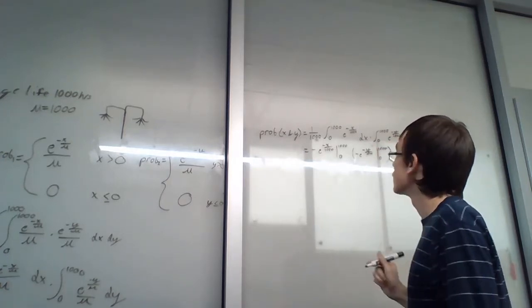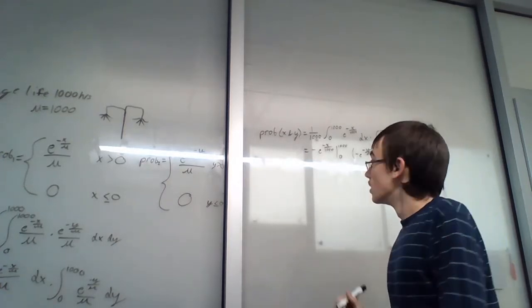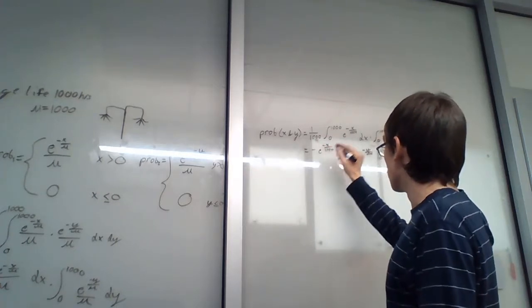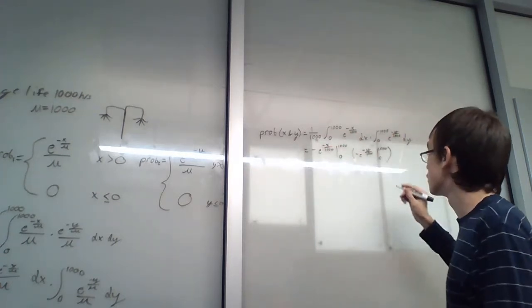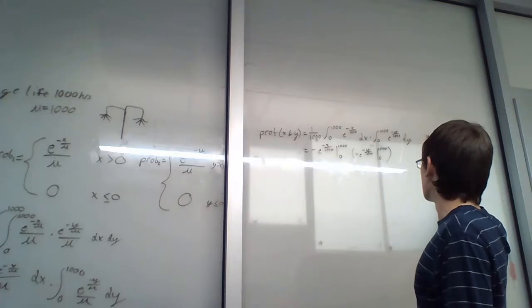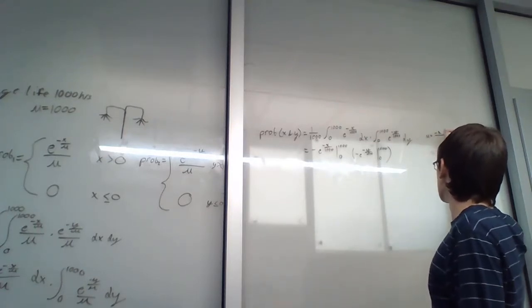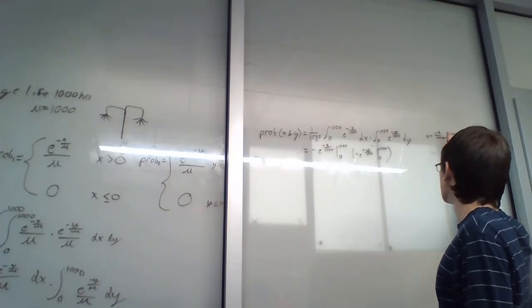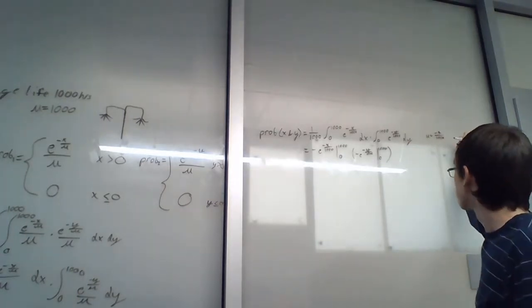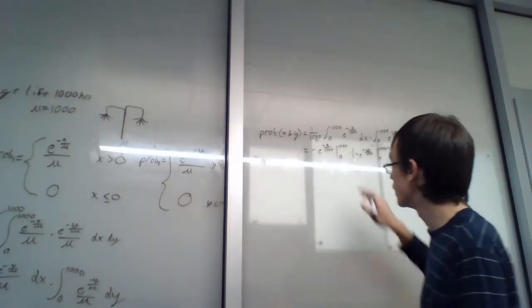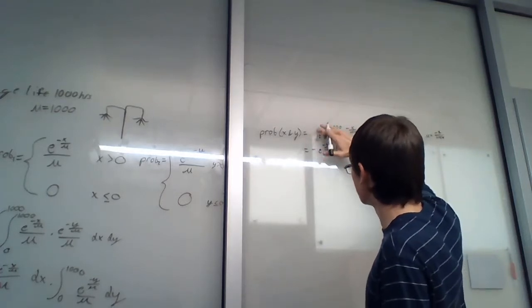This 1,000 goes away because of the u substitution that we do here, where u is equal to negative x over 1,000. And I guess it would be easier to see if we left each of them in here.